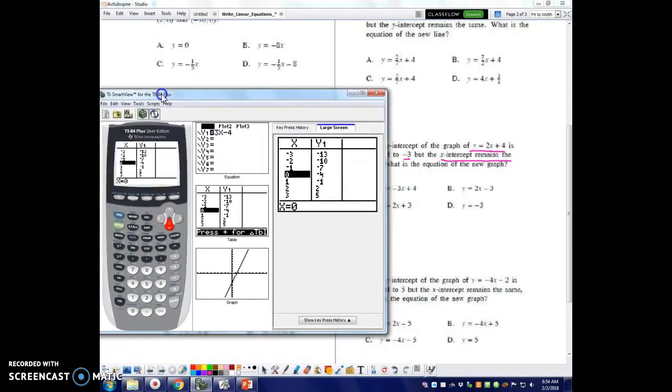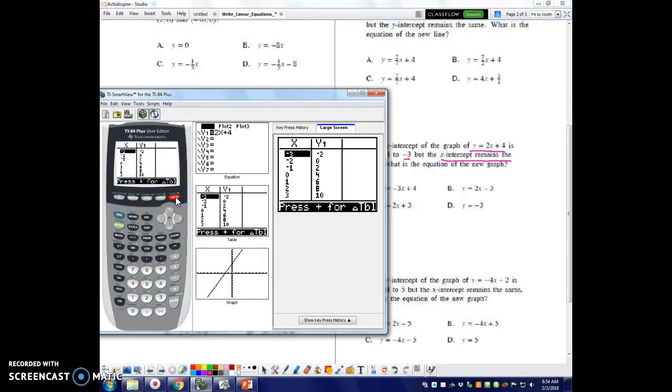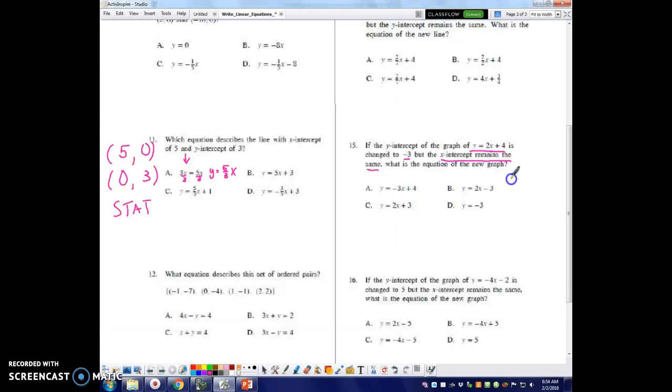So we have y equals 2x plus 4, let's go to table. Okay, remember, the x-intercept is when y is 0. So the x-intercept is negative 2, 0. And it says that the y-intercept is changed to negative 3. Stat, and find your answer.